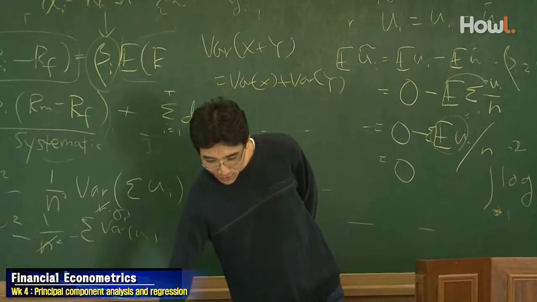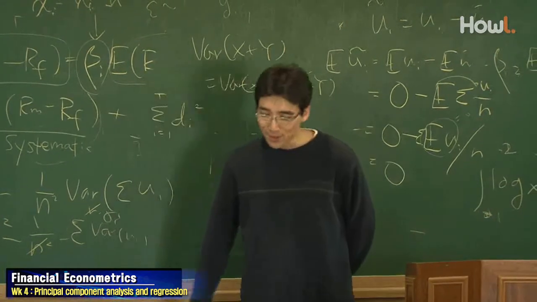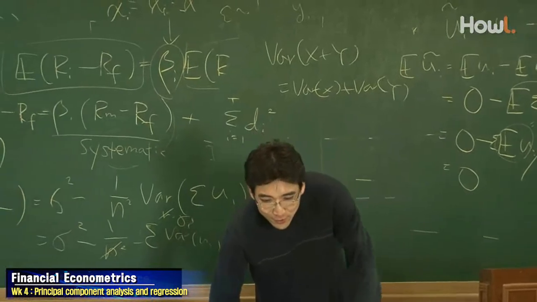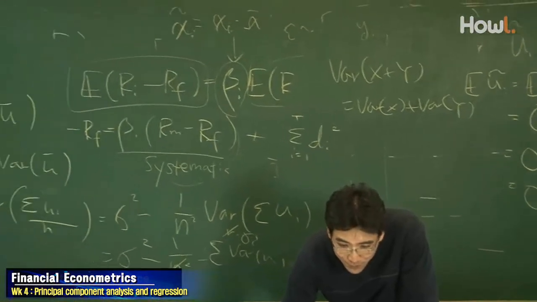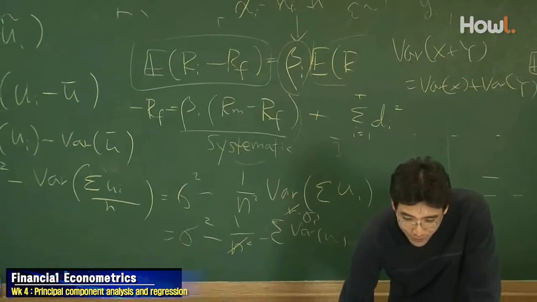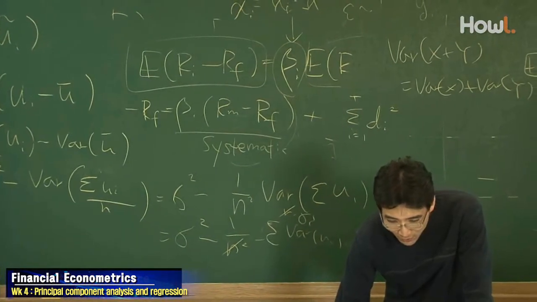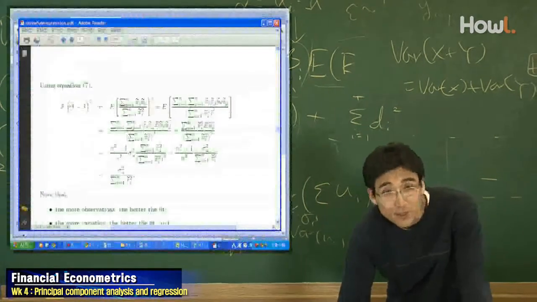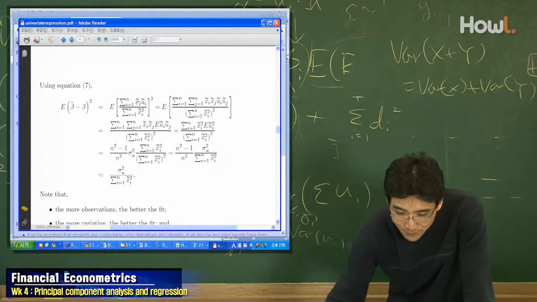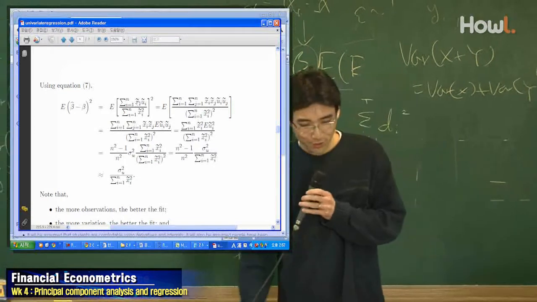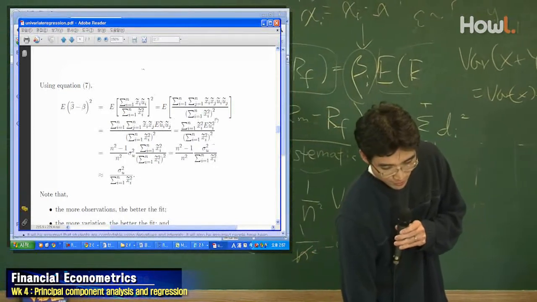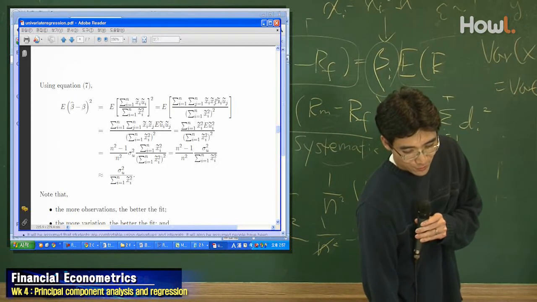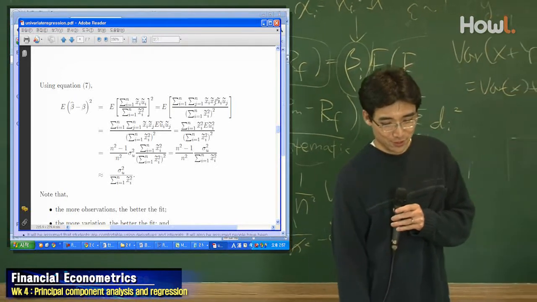Therefore, using equation 7, which looks like this, beta hat minus beta is simply this one. And then the square of this one is the sum over i equals 1 to n and j equals 1 to n of the cross products of each other, right?